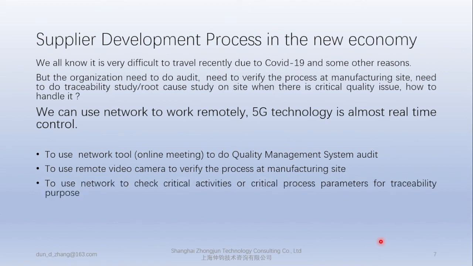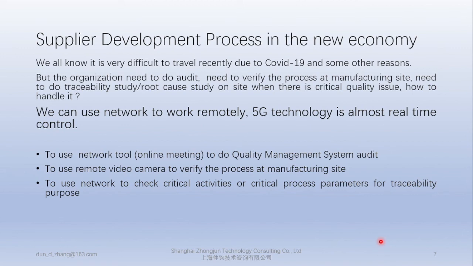And even further, you can use the network to track critical activities and critical process parameters for traceability purposes. For example, the heat treatment has many key process parameters, and some good heat treatment machine makers can connect all their machines and read the process parameters remotely.